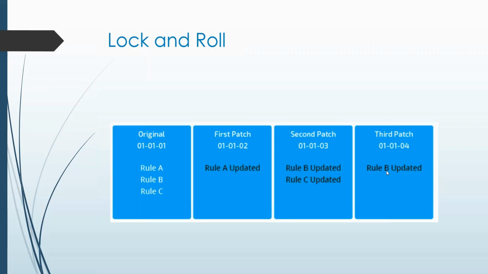Exactly, because the most updated version of Rule A lies with the first patch. Then for Rule B? From the third patch. Exactly. For Rule C? It is going to be the second patch. Perfect. So the system is going to pick the highest version of each rule instance.